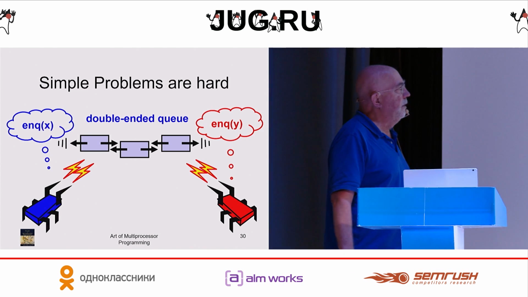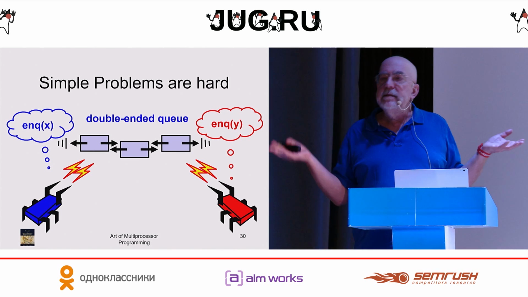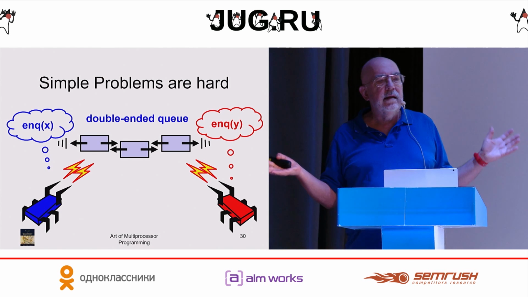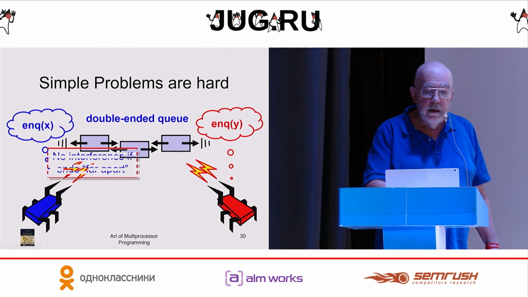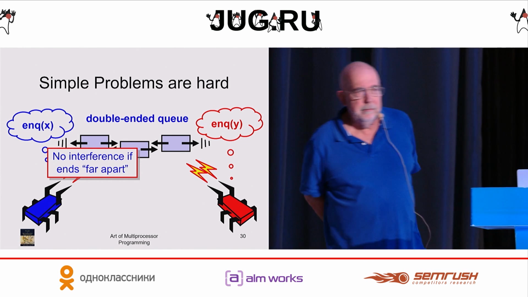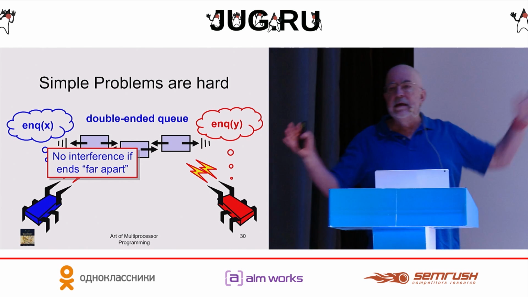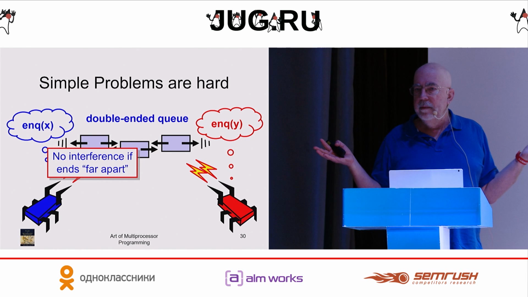So here I have one thread enqueuing at one end and one thread enqueuing at the other end, and I want these to happen concurrently. In fact, I want these to happen as concurrently as possible. So if the ends of the queue are far apart, then the blue thread and the red thread should be able to proceed without synchronization because they don't affect one another.